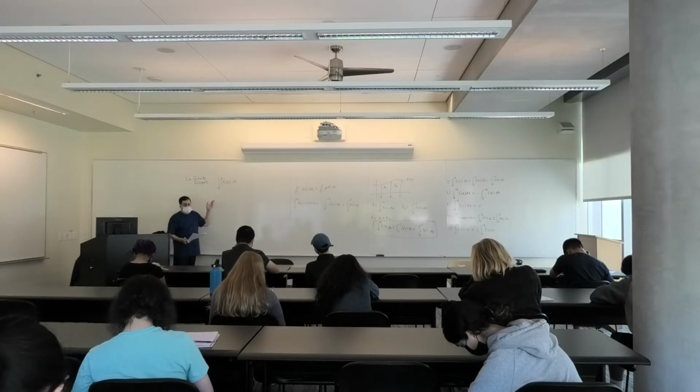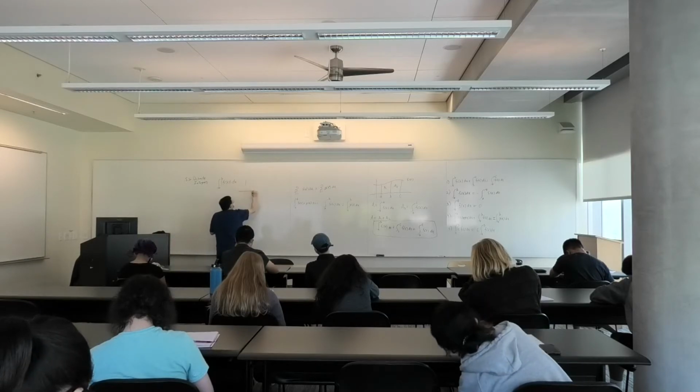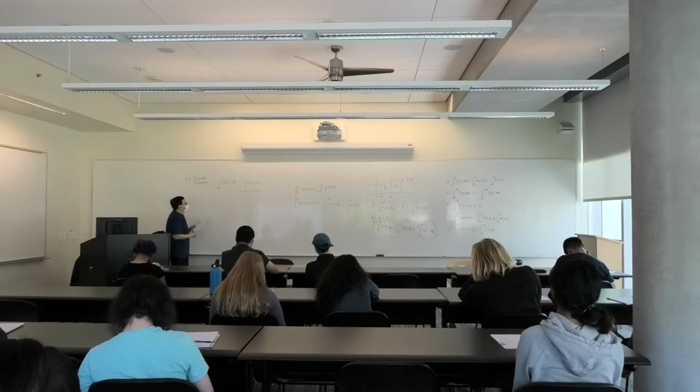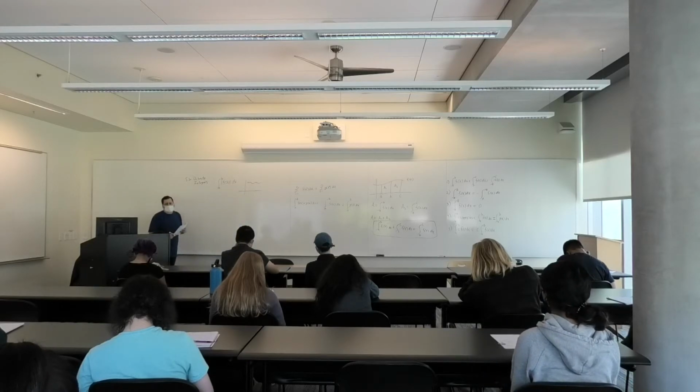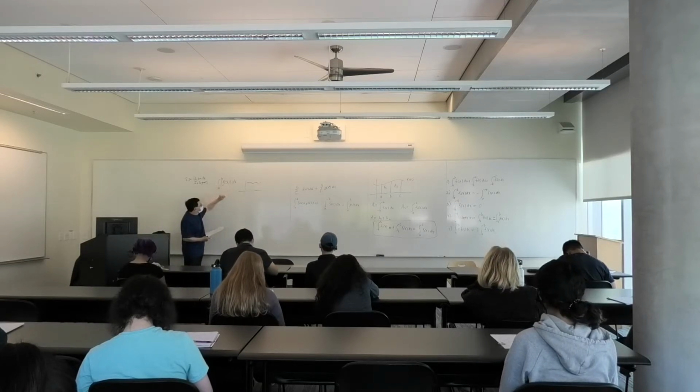Now, if the function were already always above the x-axis, you can just remove the absolute value signs and get the value, since this is always positive. The absolute value doesn't change anything.